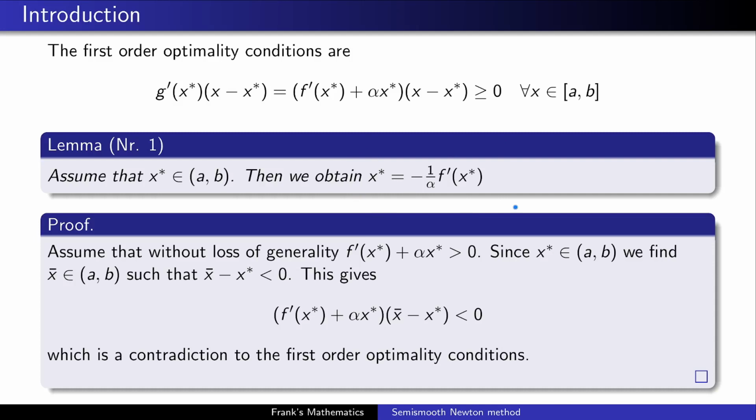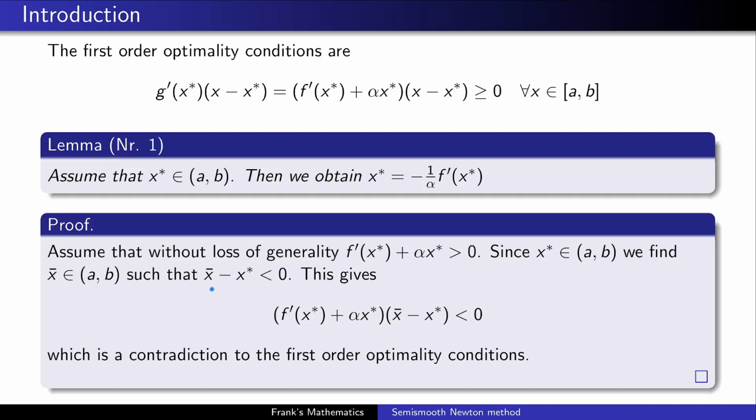Let's take a quick look at the proof. The proof is quite simple. Assume that this is wrong. Then assume, again without loss of generality, that f prime of x star plus alpha x star is greater than 0. Since x star lies in the interior of the interval, we can find an x bar, also lying in the interval, such that x bar minus x star is less than 0. You make heavy use of the fact that x star lies in the interior, of course.